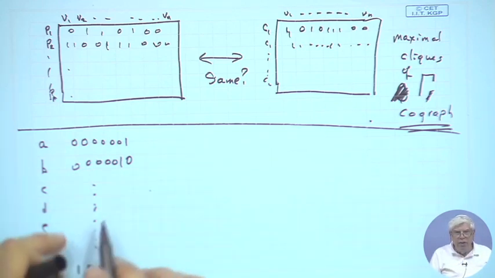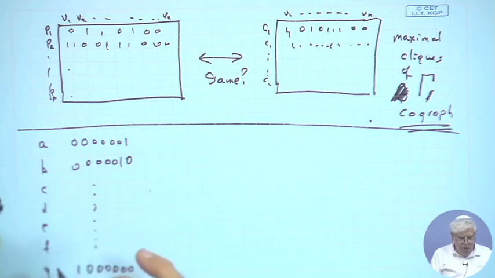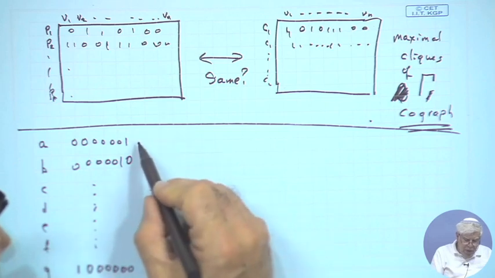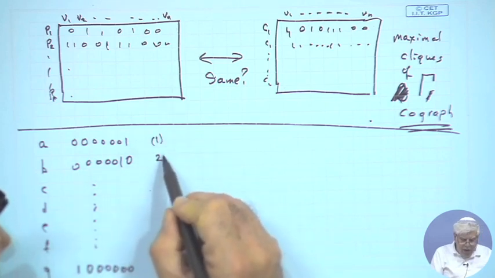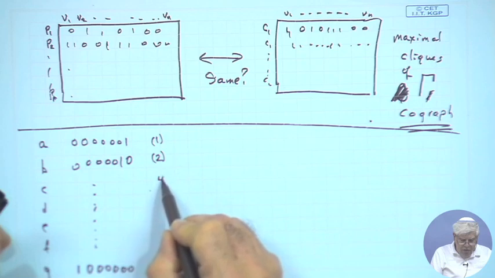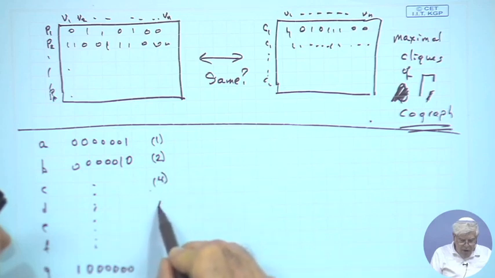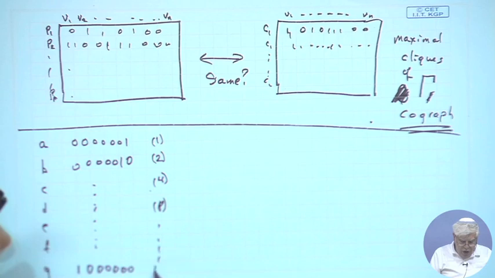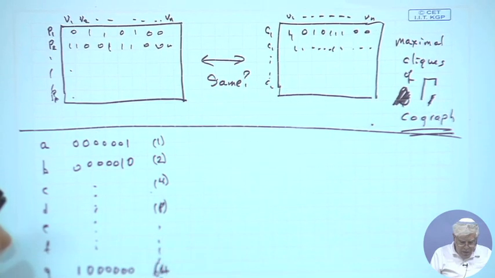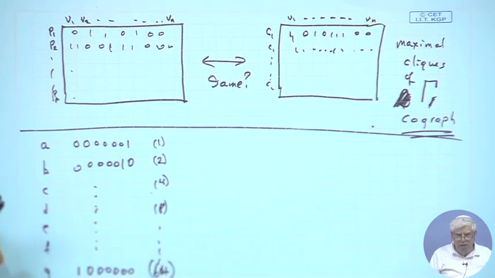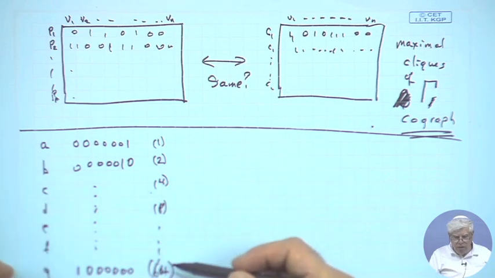This is the characteristic vector of each of these singletons. And sometimes I will call A 1, and sometimes I'll call B 2, and C I'll call 4, and D I'll call 8, and G I'll call 64. Because sometimes I like to look at this in binary when I'm looking at the characteristic vector, and sometimes I look at it in base 10, which is more familiar to me. This is the numbering of the singletons.